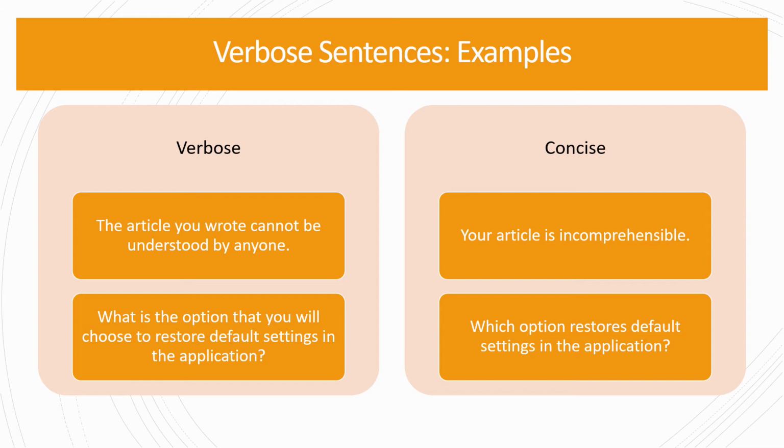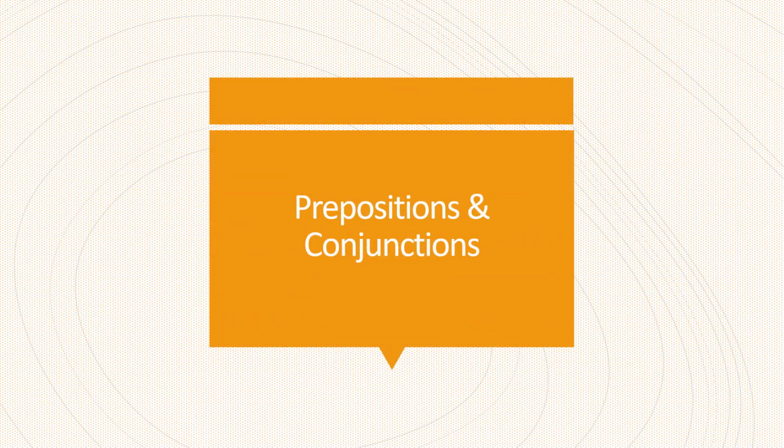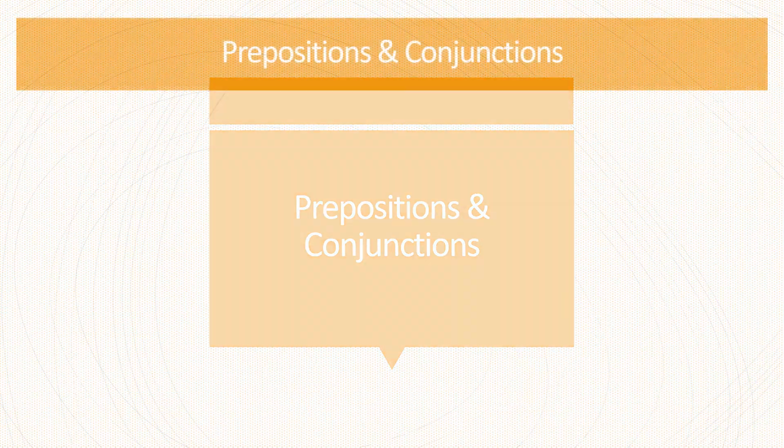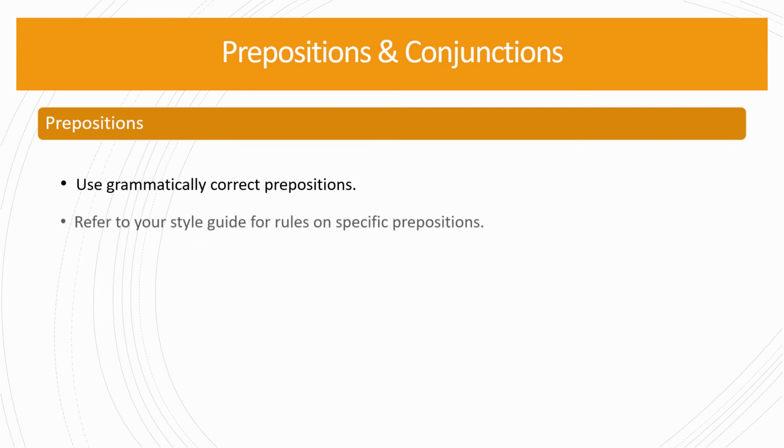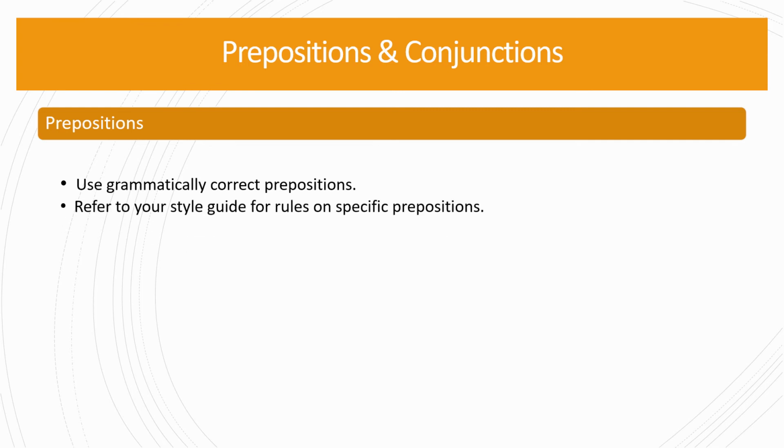The fourth topic we will discuss is prepositions and conjunctions. For prepositions, you should use grammatically correct ones, depending on the subject. Often, more than one preposition may seem correct in a sentence. In that case, refer to your style guide for rules regarding specific prepositions and their usage.